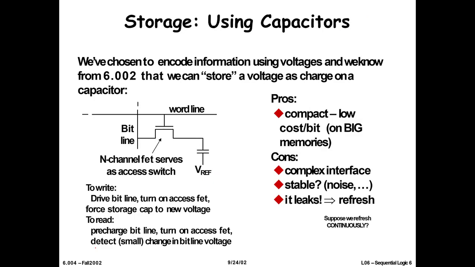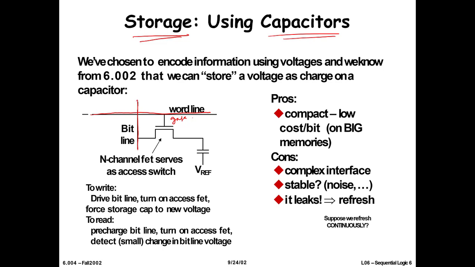Let's start with the ones that store a single bit of information. So in order to store information, the first option is to use a capacitor. What you can simply do, you have this word line which is connected to the gate, and you have this bit line which is the bit that you want to store.